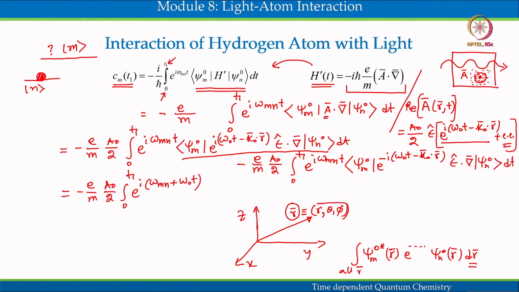Here r is the distance from the center, theta is this angle and phi is this angle. How to do that we will find out later, but the bottom line is that whatever is written in this bracket notation is the integration over the space. That is why the time-dependent part, the temporal variation part, can be taken out of that integration, and that is exactly what we have done here.